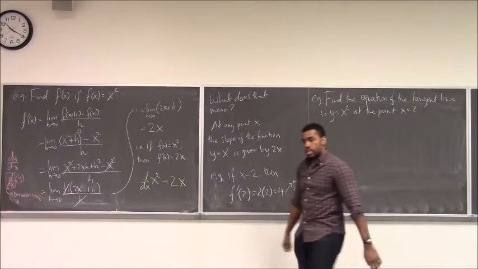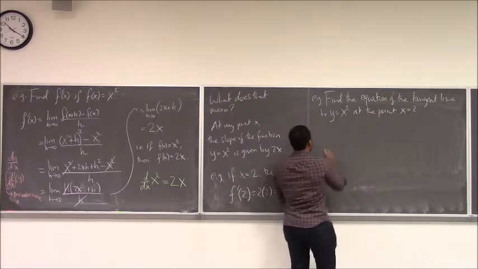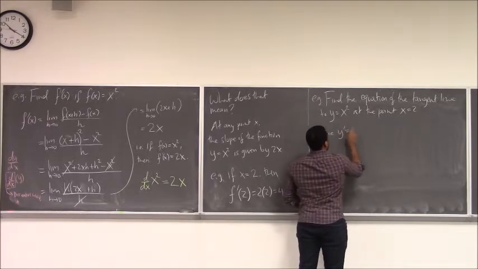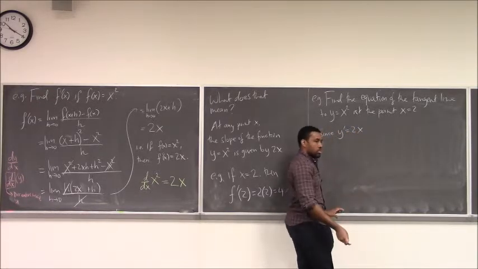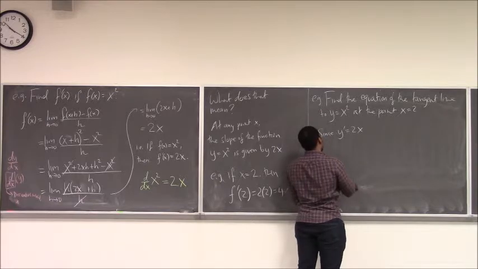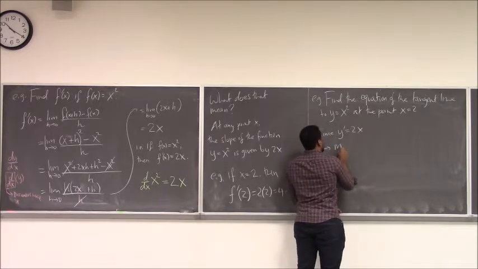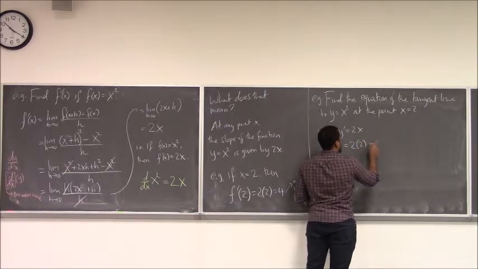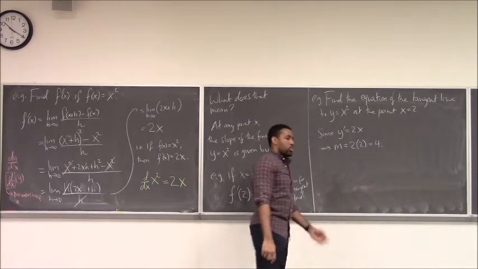Now what you would do at this point is you would say, well, since y prime is equal to 2x, using Newton's notation, this means that m for our tangent line is just going to be that function evaluated at 2, which is 4. So that's the slope of your line.